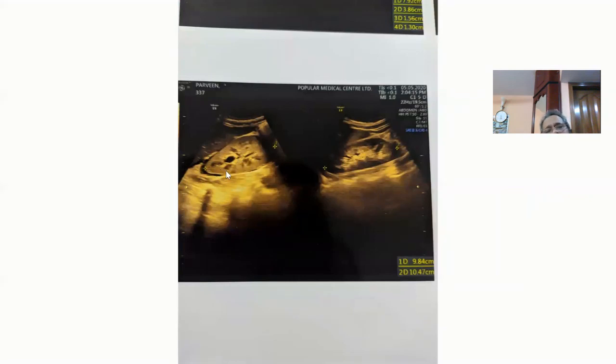You look, this is the renal cortex and medulla on one side. On the other side the cortex is damaged, but there is some black area, and black means there are some fluids. Normally whenever the patient has an obstructive kidney, the pelvis is dilated and the calyces are dilated, but here the pelvis and calyces are not dilated, but fluid is collected around the renal capsule.